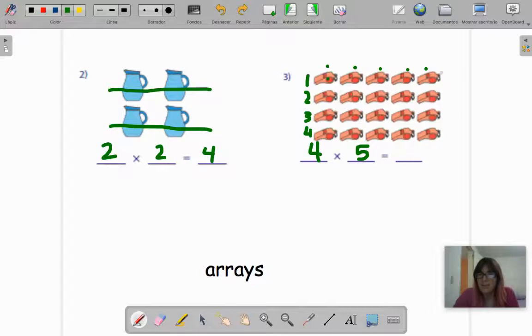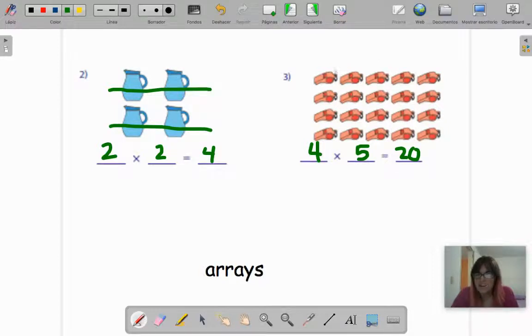If I know here it's 5, plus other 5, 10, plus other 5, 15, plus other 5, 20. So 4 times 5 is 20. Okay? Let me erase all this so I can make the other multiplication sentence.